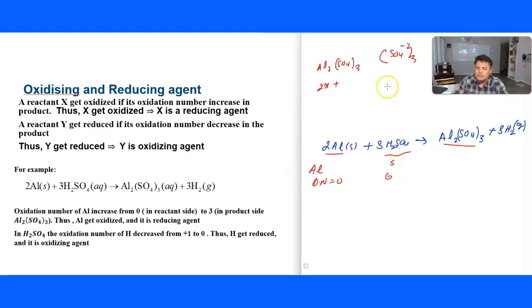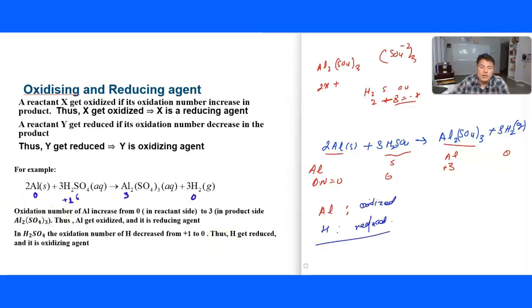So 2X is equal to plus 6, wait, 2X is equal to minus 6 on that side, so aluminum is plus 3. And H2 is 0. That's why we can do it like that.